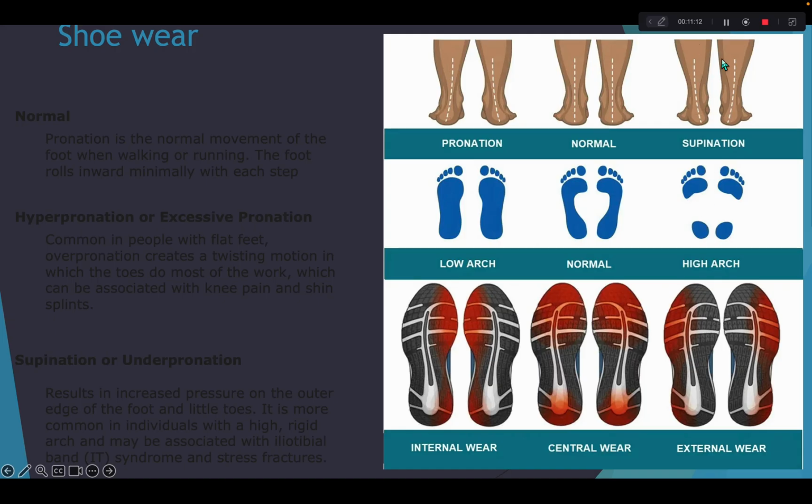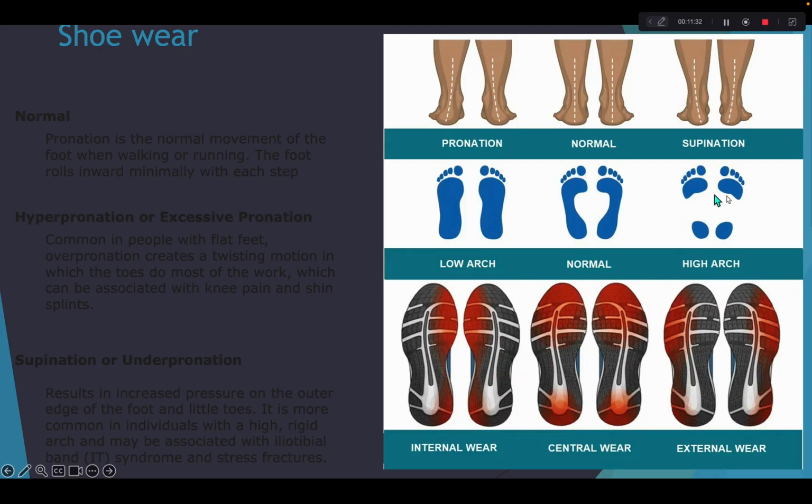Here's your supination or your underpronation, since normal is a slight pronation, right? So supination, this is when the feet go slightly in, like you're trying to grab a bowl of soup with your feet.